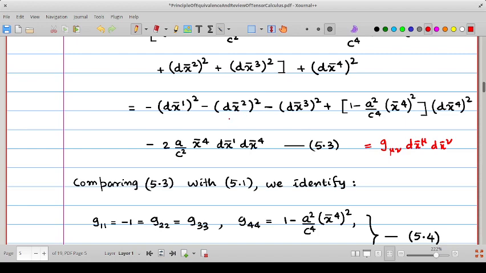Similarly, g22 corresponding to this, that is also minus 1, and g33, which corresponds to dx bar 3 square, is also minus 1. Then there is g44, which corresponds to the coefficient of dx bar 4 square, which is given by 1 minus a square by c to the power 4 x bar 4 the whole square.